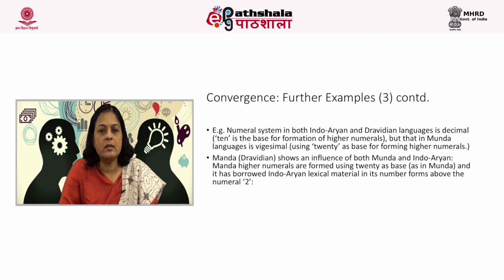However, the Dravidian tribal language shows an influence of both Munda and Indo-Aryan. Higher numerals are formed using 20 as base, as in Munda languages, and it has borrowed Indo-Aryan lexical material in its number forms above the numeral 2.